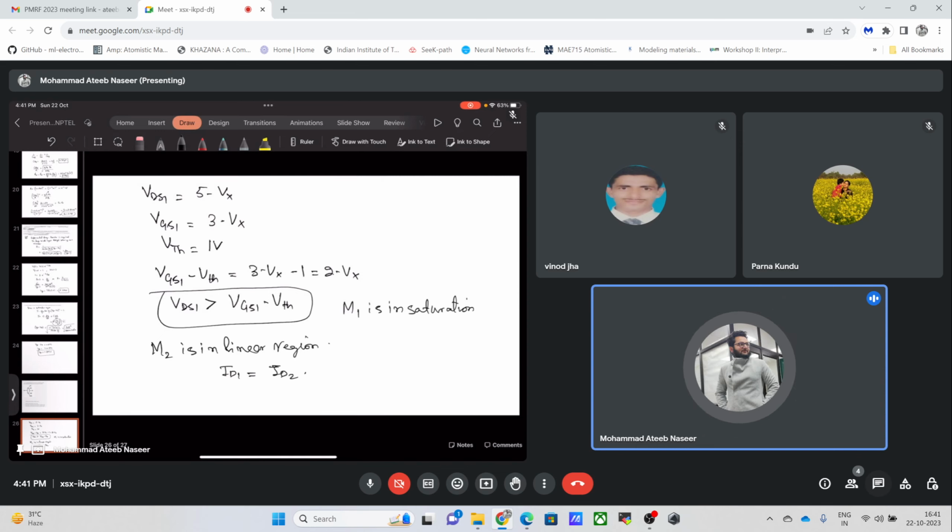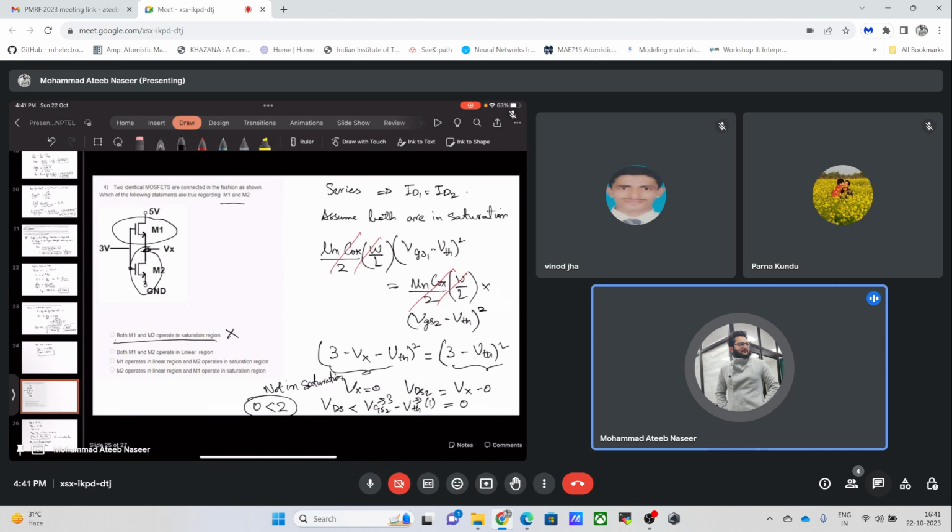You will find that both the currents are reasonable, and both the MOSFETs satisfy the conditions for the biases we have obtained. So I guess we would select the option, M2 operates in linear region and M1 operates in saturation. We'll select option D.